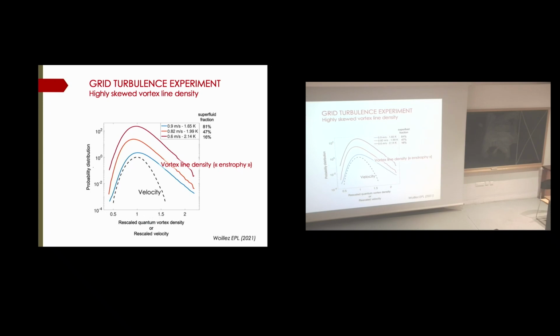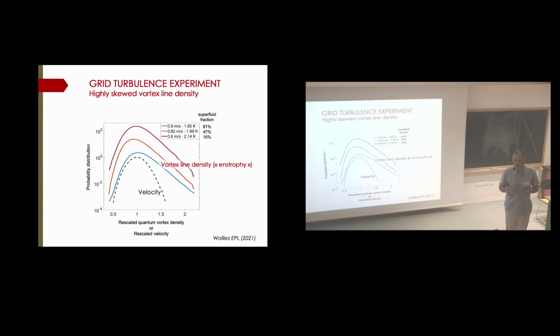When you look at experiments, usually we try to make the smallest probe possible. But I think the first small dimension of the system that we hit is the length scale at which the superfluid and normal fluid are no longer coupled. This comes before the viscous scale and before the intervortex spacing.